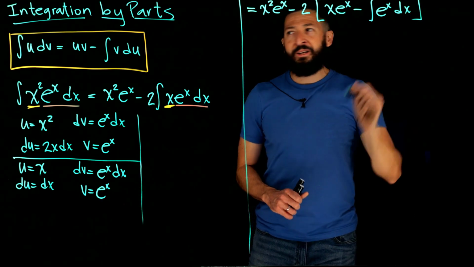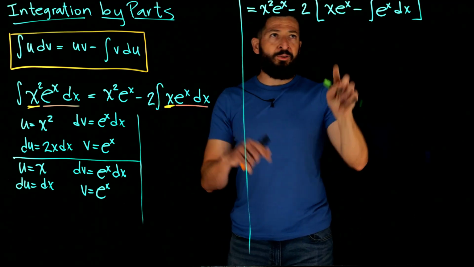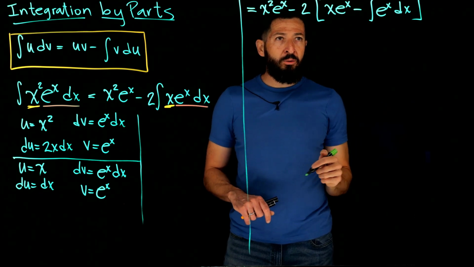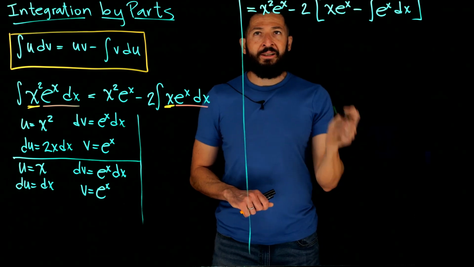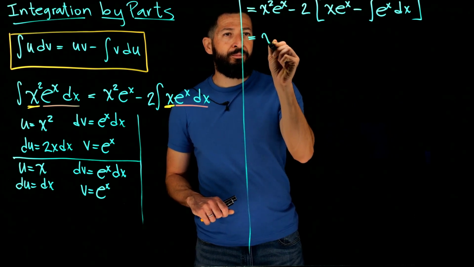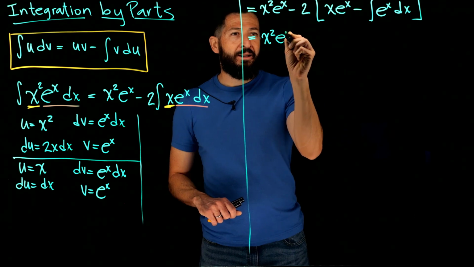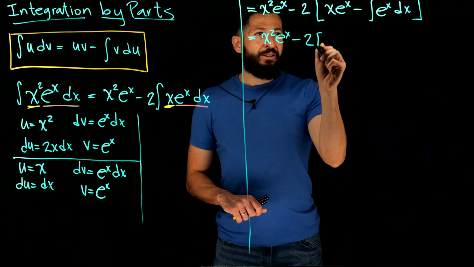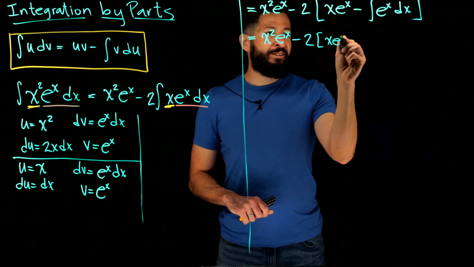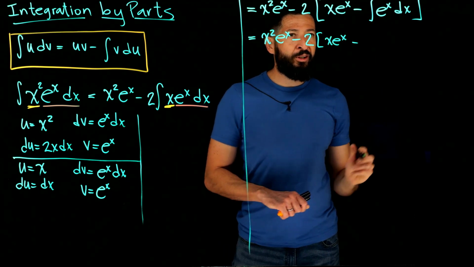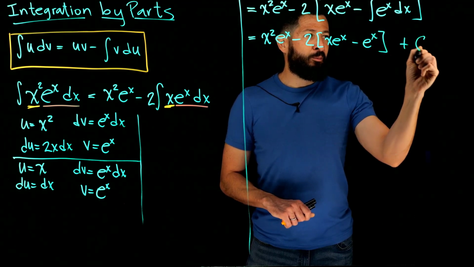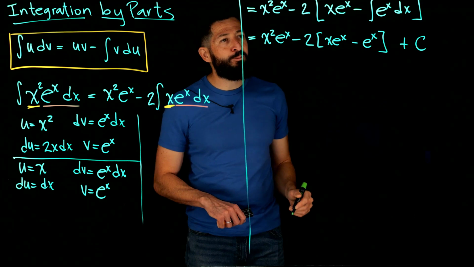So just plugging everything into the formula. uv minus v du. Oh, it's a little choppy there, but you can still see it. So x e to the x, and then minus the integral of the exponential, which is e to the x again. And let's put the plus c at the very, very end.